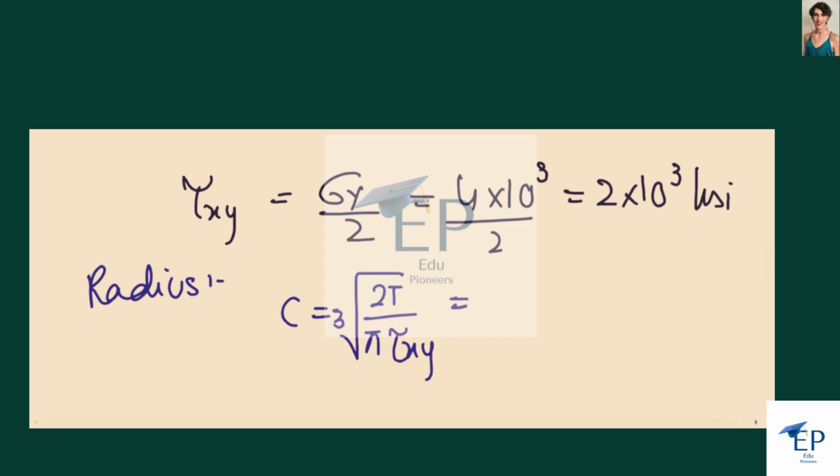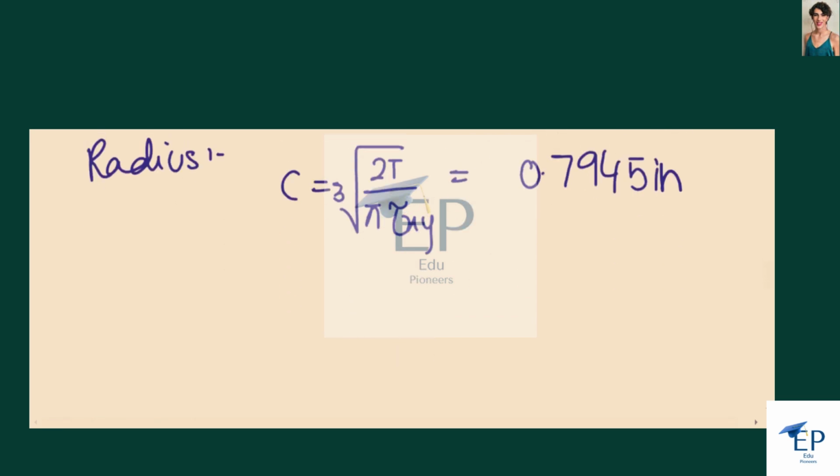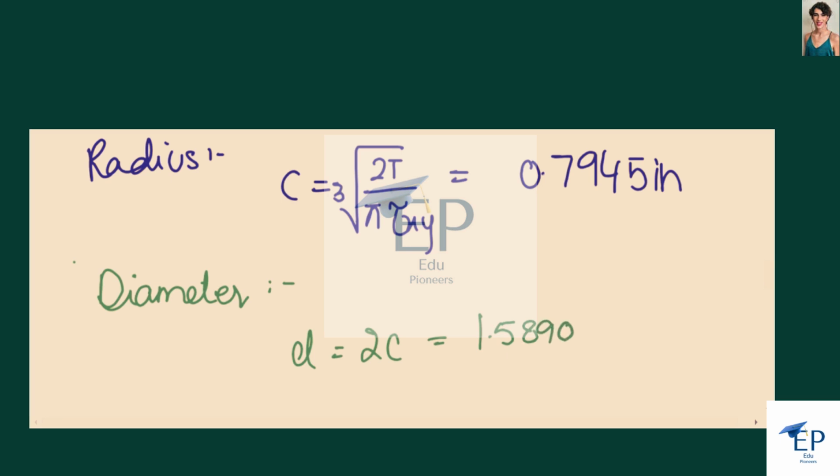Substitute the values and you'll get that it is equal to 0.794945 inch, right? And the diameter is equal to 2c. So plug in the value of c that you just found, and we get 1.5890, which is approximately equal to 1.59 inch, right? So this concludes our answer.